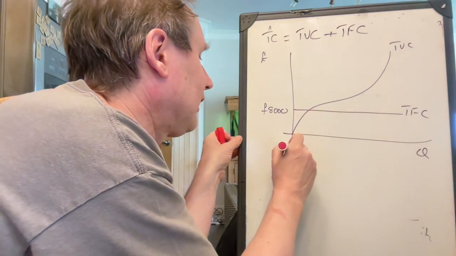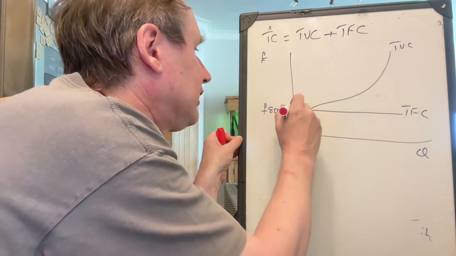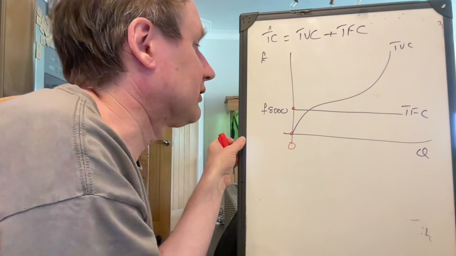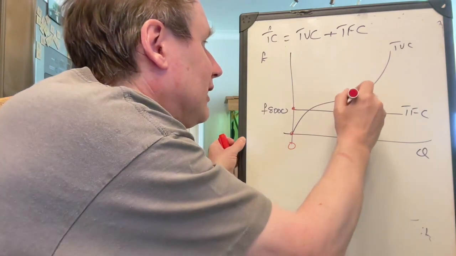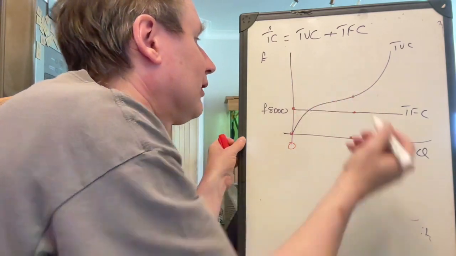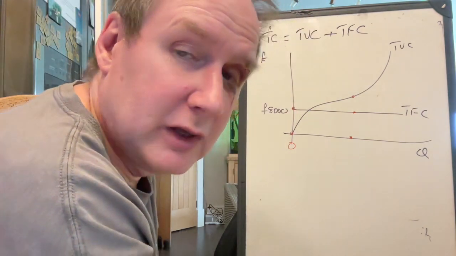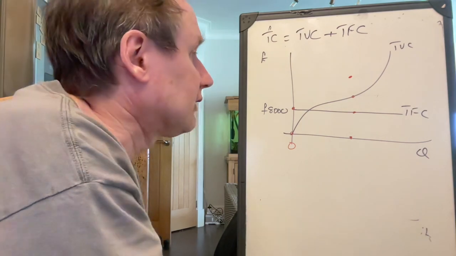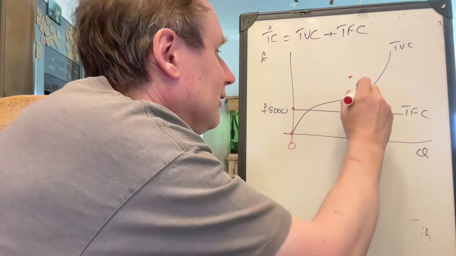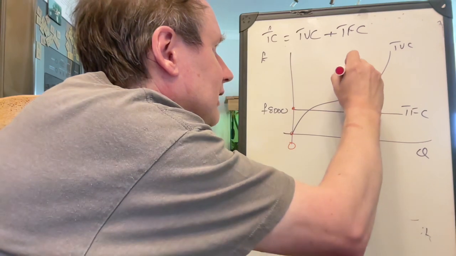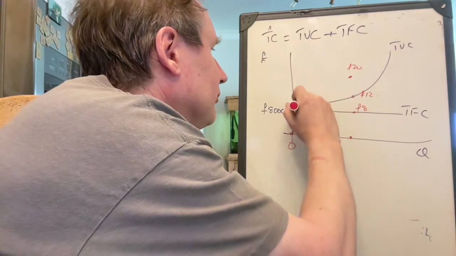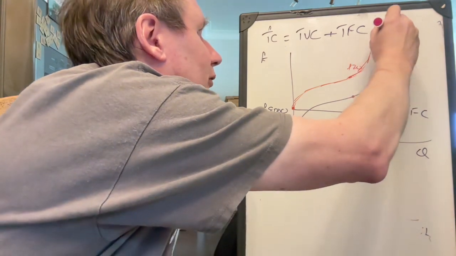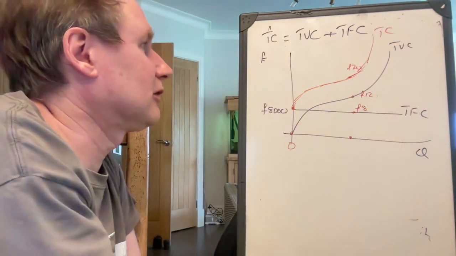So here at output 0, variable costs are 0, fixed costs are 8,000, so therefore my total cost is 8,000. Here, my fixed cost is 8, my variable is about 12, so therefore my total will be 20,000. Because that's 8, that's 12,000, so that's 20. So all we do is we simply say my total cost is my total variable cost plus my total fixed cost.